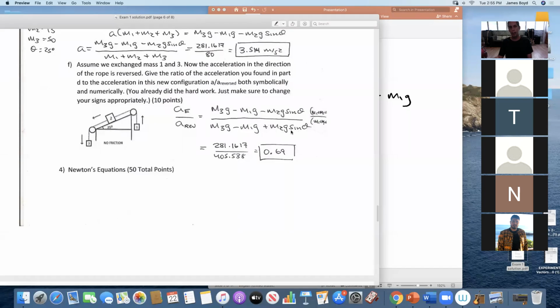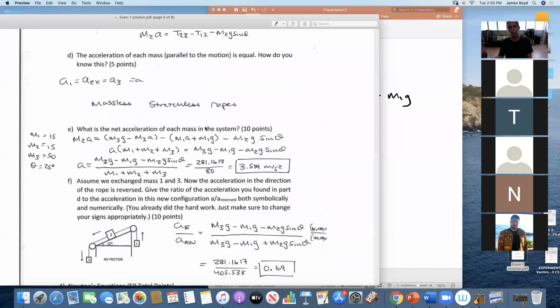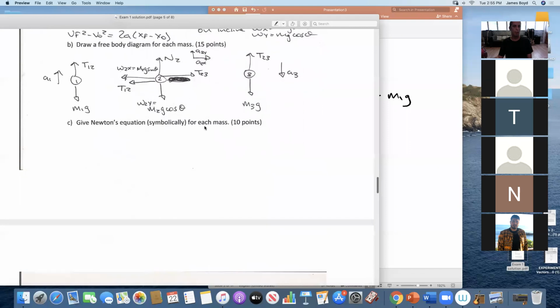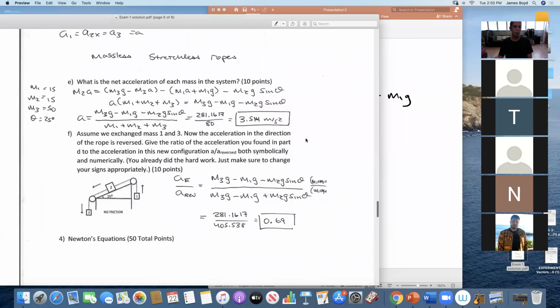M2G sine theta has a plus on it, and these two end up actually flipping. Why did they not flip when A is reversed? Oh, it doesn't matter. Why wouldn't that be down?